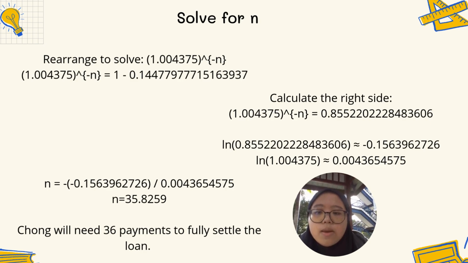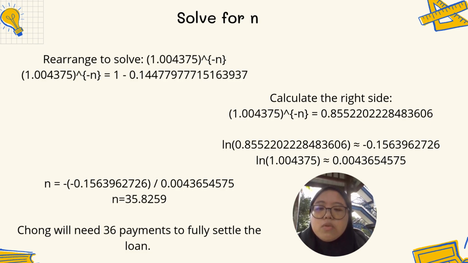Now, for the next step, we have to solve for n. Rearrange to solve: in bracket 1.004375 closing bracket power of negative n equals 1 minus 0.14477977715163.